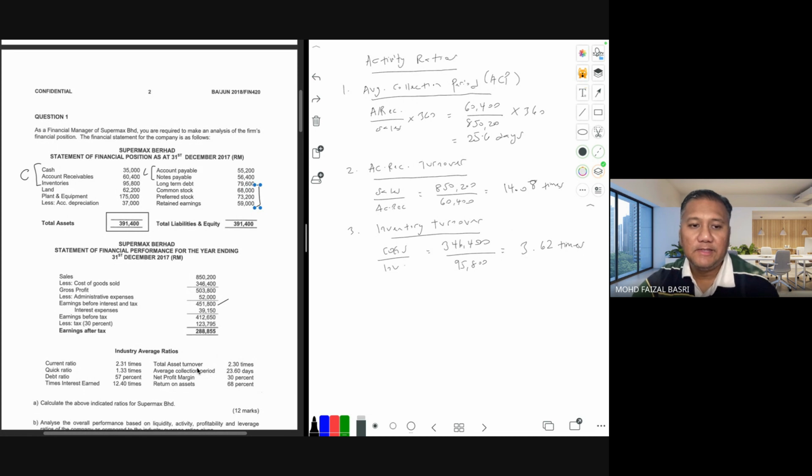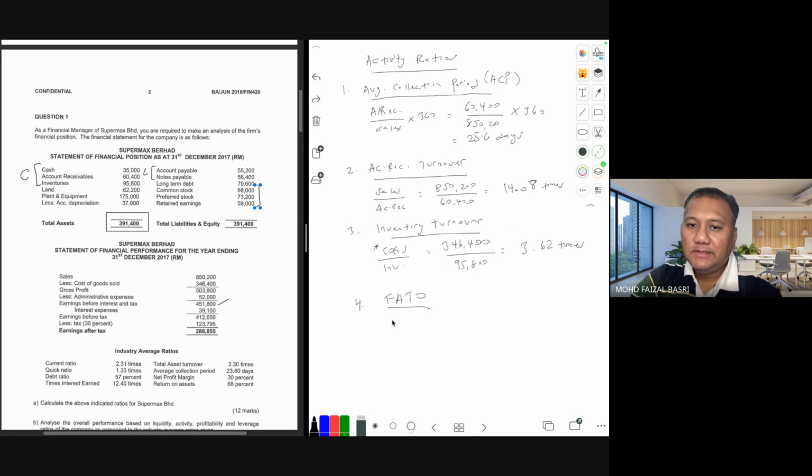Dia hanya ada total asset turnover saja, which is the last one. Okay, tak apa. So for inventory turnover, that's how we calculate. We use cost of goods sold, letak asterisk kat sini because it's different, bagi dengan inventory.